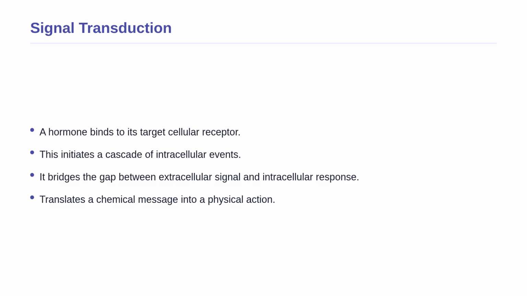This process, often called signal transduction, bridges the gap between an extracellular signal on the outside and an intracellular physiological response on the inside. It is the fascinating story of how a chemical message is received by the cell and translated into a physical action, like making a protein or releasing sugar.